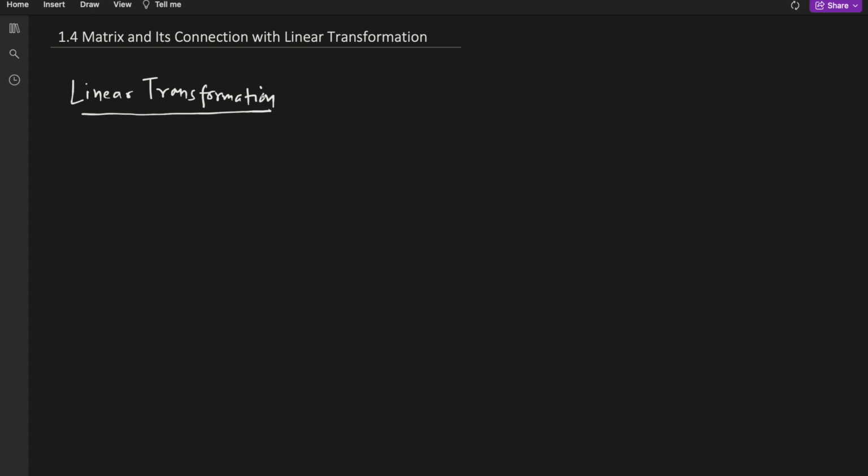As I told you earlier, a linear transformation does two things to a vector. And linear transformation is applied on what? It is applied on a vector or the entire space. So either it is applied on one vector, or maybe on the entire vector space, let us suppose R2. So it does two things.